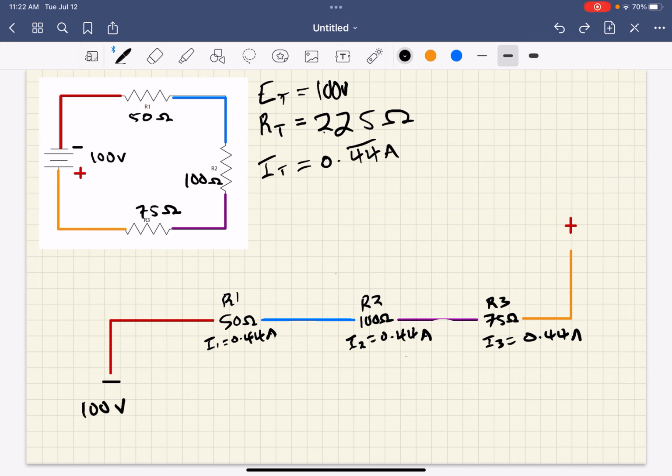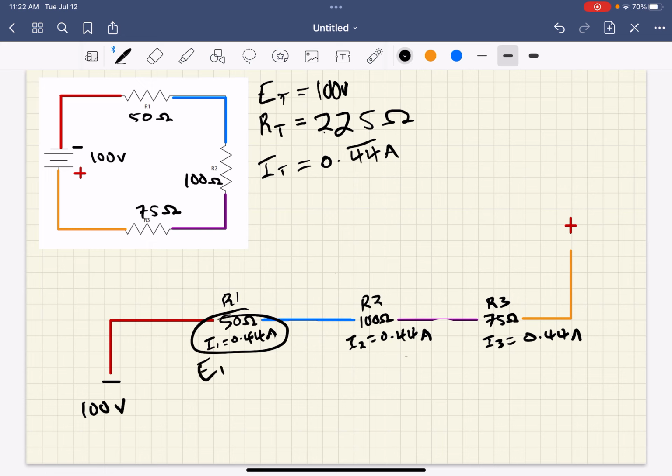We might remember Kirchhoff's law says that if I start out at 100 volts, I should basically be subtracting a certain voltage at each of these, however many there are, to where I get to the end, I should have 0 volts left. So we're going to check our work here and use some Ohm's law to figure out whether we've got our numbers correct on this. So for R1, we're going to use Ohm's law to figure out what my E1 is, my voltage here.